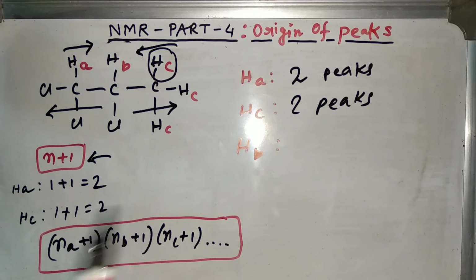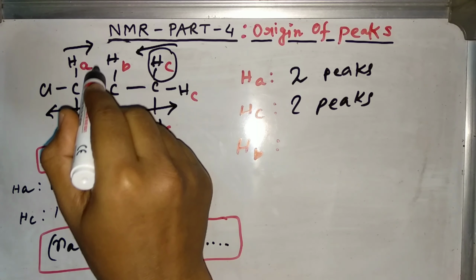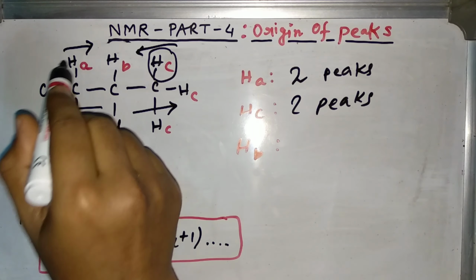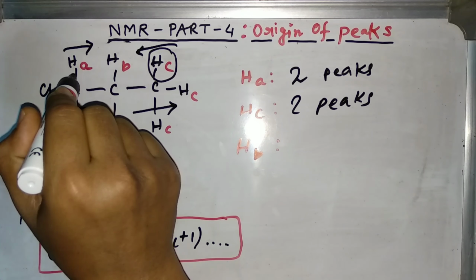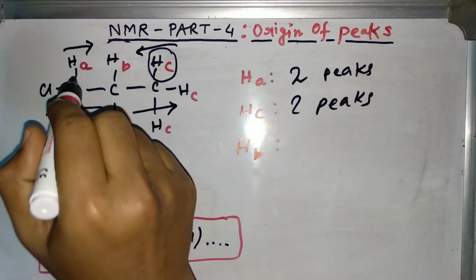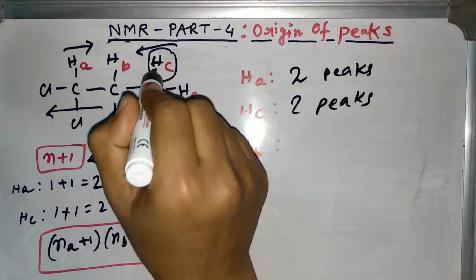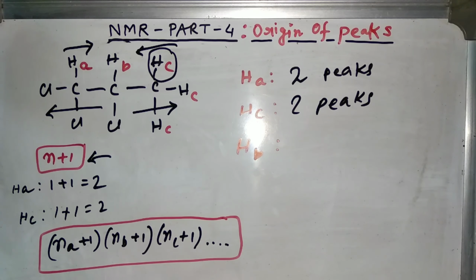So you can think of the coupling process like this: HB first couples with HA, and then it will give 2 peaks. Then each peak will couple with AC. It's quite different, but let's apply this formula, and then you will easily find the number of peaks.